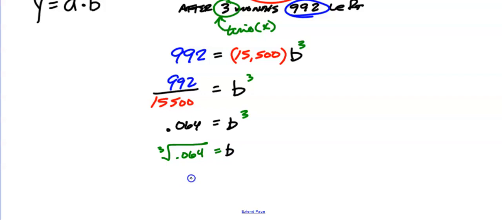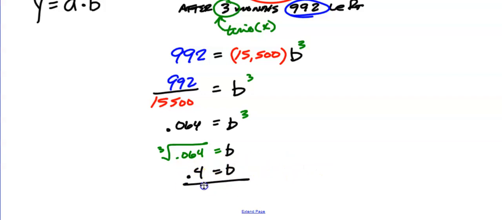But we can verify that by just simply putting the cube root of 0.064 into our calculator, and we get 0.4. There we go. So this is 0.4, because 4 times 4 times 4 is 64. So this ends up being 0.4 is equal to b.